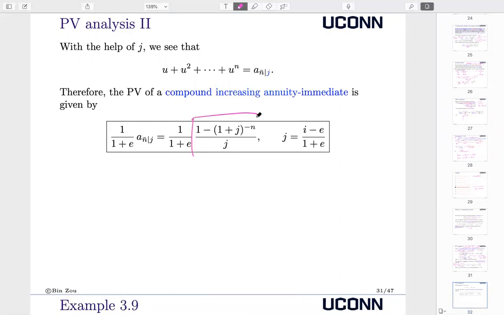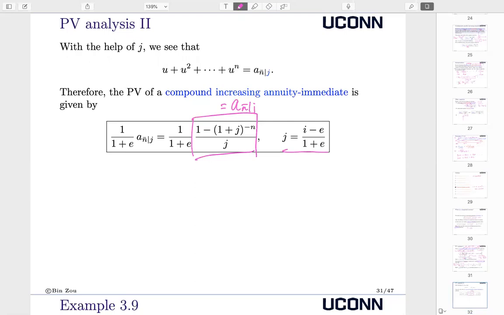So this whole thing is obviously a angle n at j, right? And we have this nice result for j. For the question will give you I and e. So with I and e given, you can easily compute j. Okay, after you have j, you can calculate the formula inside the box. Then you know the PV formula.